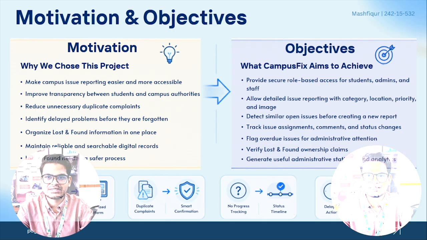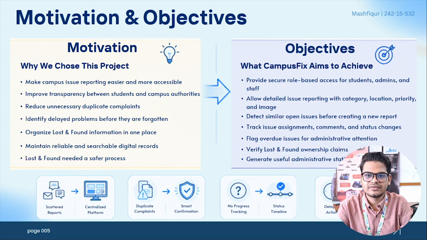CampusFix will also digitize lost and found activities, allowing students to submit item details online and support verified claim handling. It will also maintain organized and searchable records and provide useful administrative analytics for better monitoring and decision making. Overall, CampusFix aims to make campus services faster, more transparent, efficient, and dependable.